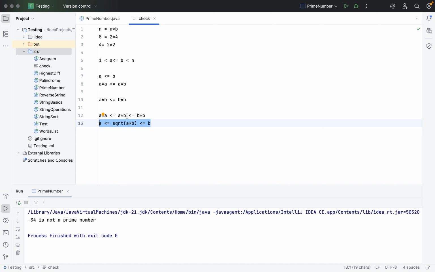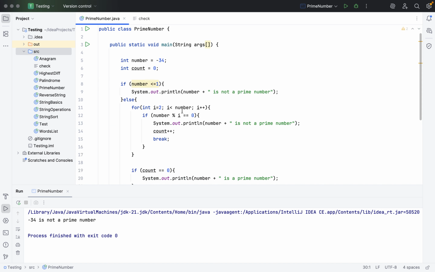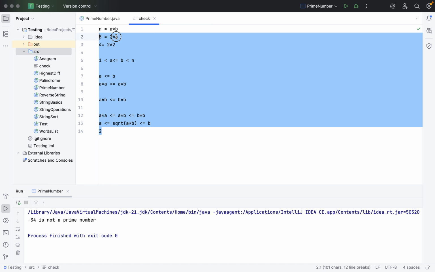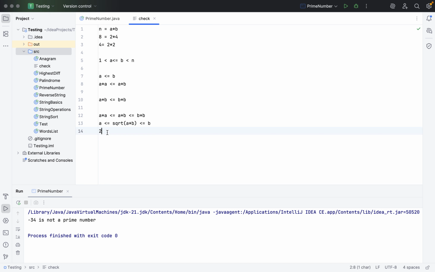So instead of looping through all the numbers till n, all we have to do is check till the square root of a into b. If we find any multiple a, then we know that it is not a prime number. Like in the example of 8, which is 2 into 4, 2 is less than or equal to the square root of 8, which is less than or equal to 4.